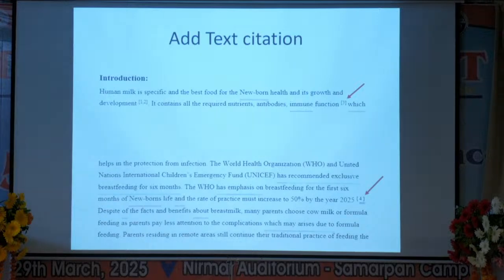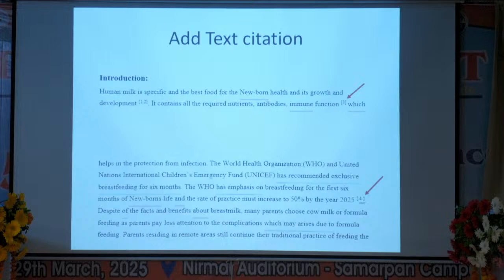You need to give a citation in the text. Can you see here? I have given number 3, I have given an arrow, and down below I have given 4. So if you are giving this in the text, we call it a text citation.